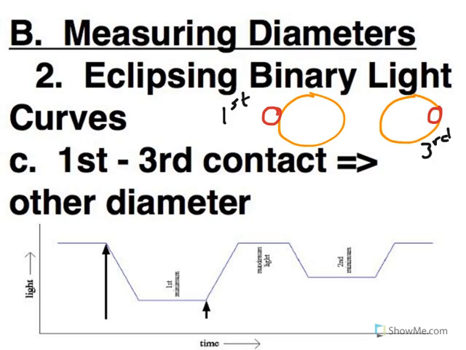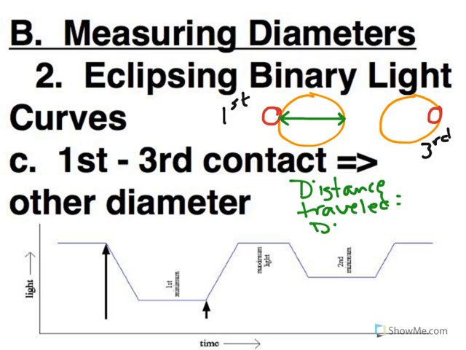So now the distance our little star has traveled is equal to the diameter of the big star. So again, we look at the time to get the size of the big star.